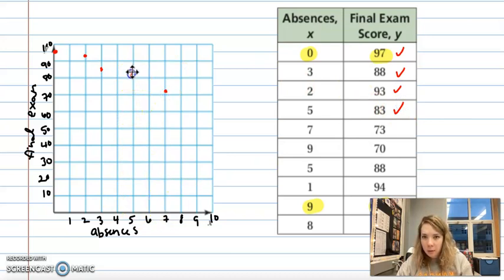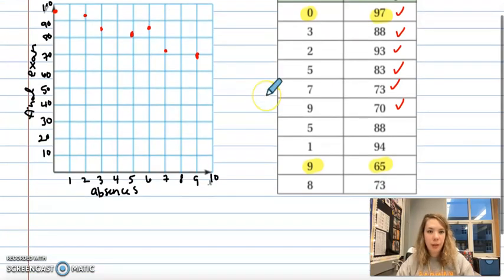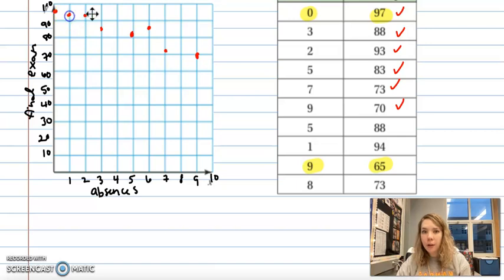I'm going to go back and make this one rounder. 9, 70, what do you write on the corner here? 5, 88, 1, 94, 9, 65, 8, 73. Okay, so that's our data.